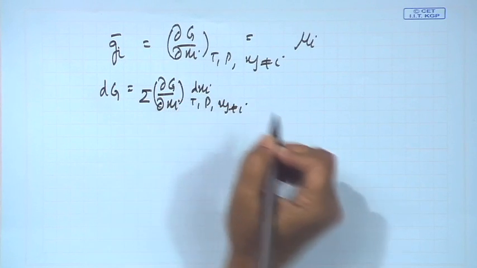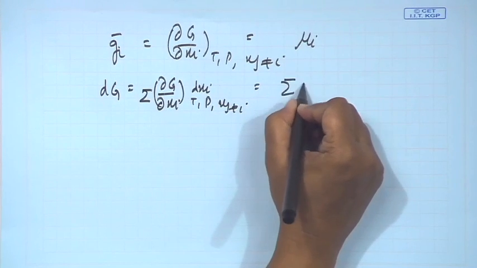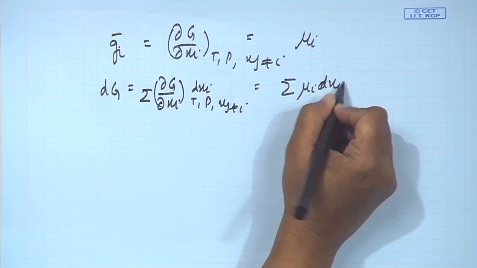So, therefore, here we can write it down as sigma mu I dNi.